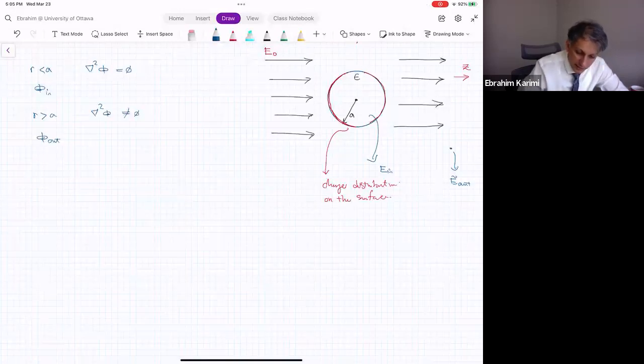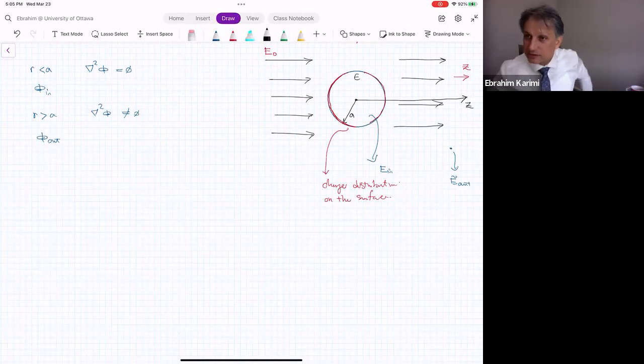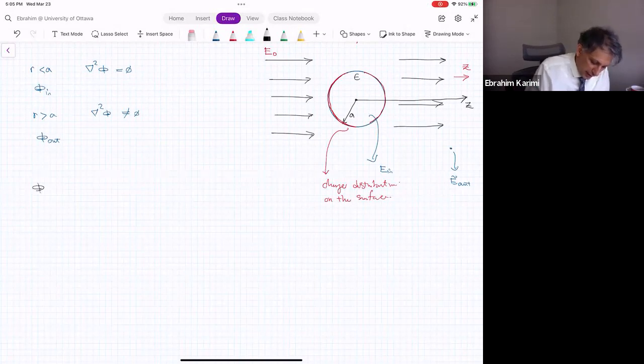So let's consider that that's the z-axis. Then the system is symmetric about z. In principle, if you solve the problem, then the potential everywhere will be given by a summation, I think, of 1 divided by epsilon 0, or epsilon in general, for the symmetry.